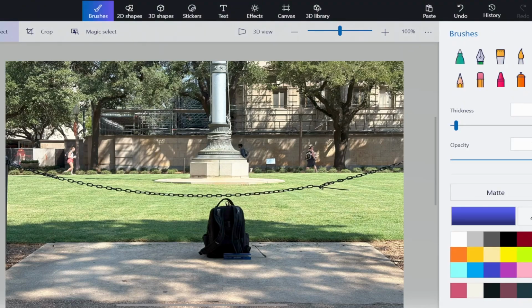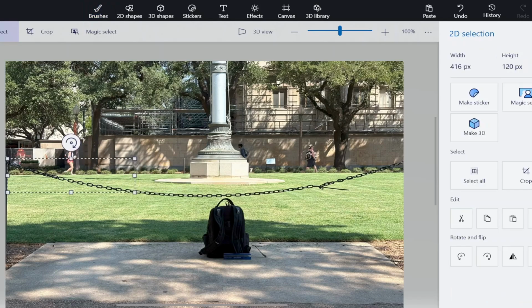If we start from one point right here, we can drag and find the coordinates in pixels relative to this point. So it's 416 away in the x direction and 120 in the y direction. And from that, we can determine the actual shape of this chain. So on that note, cue the montage.